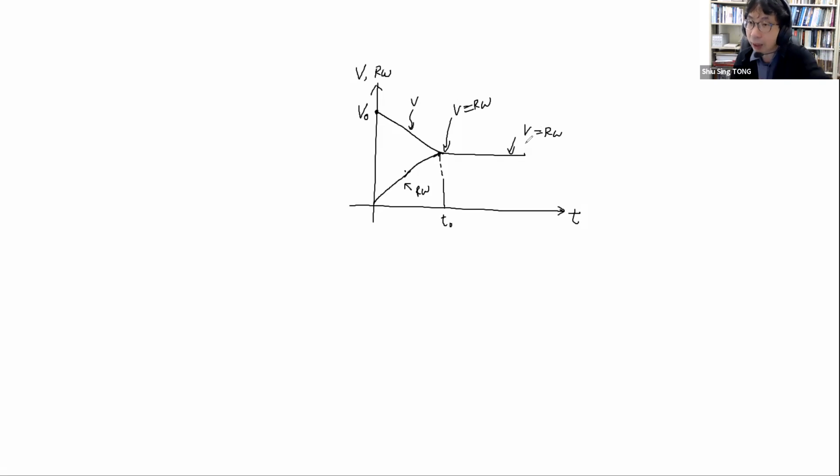And that's why rolling can reach a much farther distance than sliding, because the frictional force between the body and the surface is now minimized. When pure rolling occurs, the frictional force is actually very small. So theoretically, when we idealize that there's no friction, the pure rolling condition will last forever.